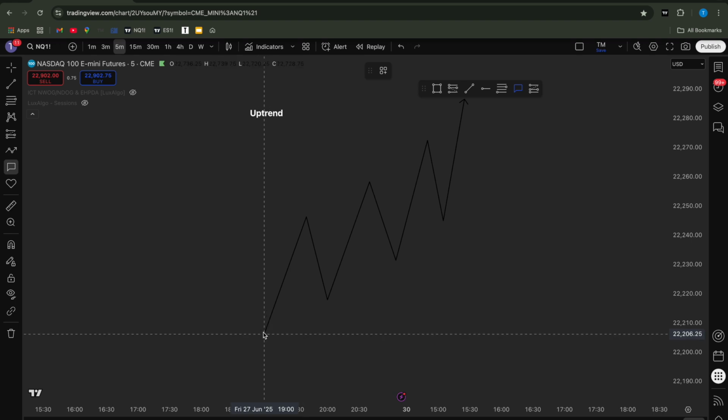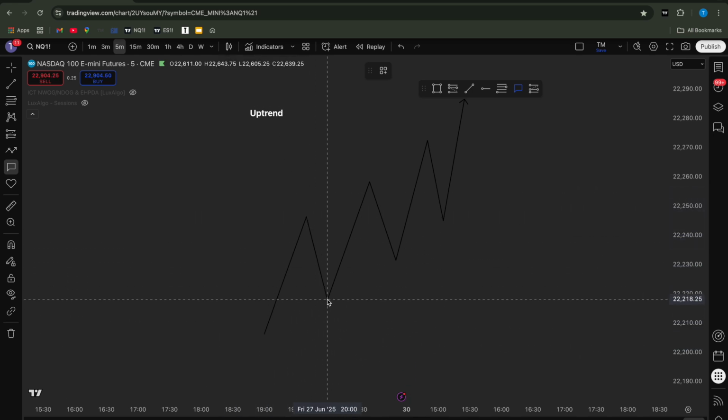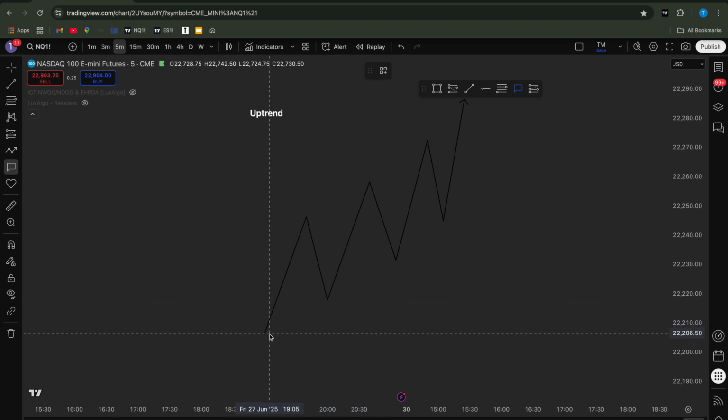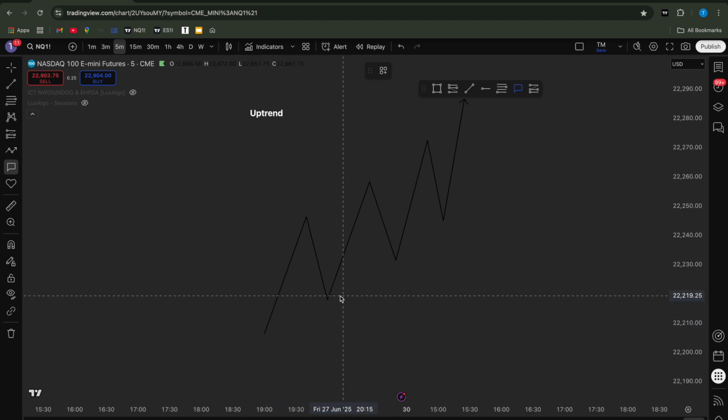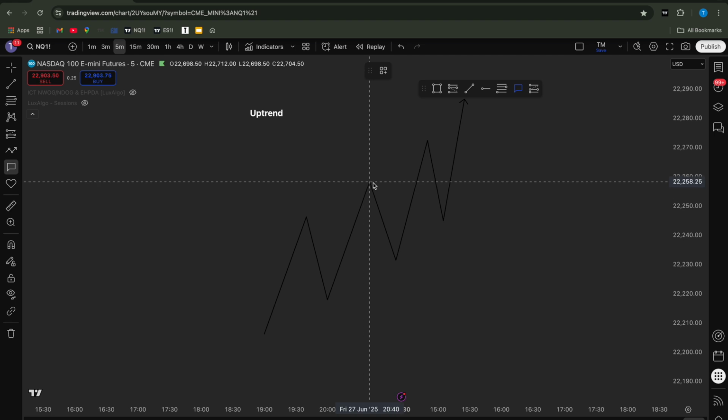You'll get what I mean when you see it. It's a higher low because it's higher than this low here, and then you're going to have a higher high because this high is higher than this high.